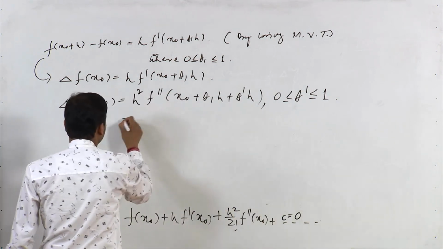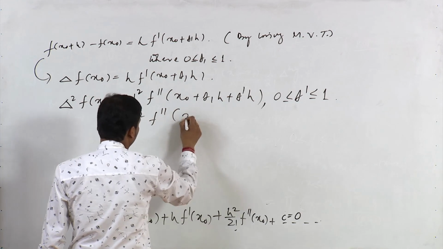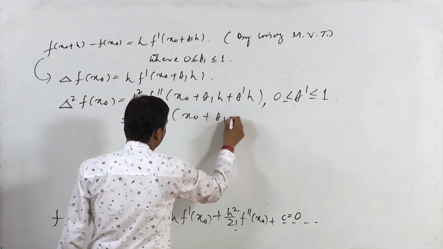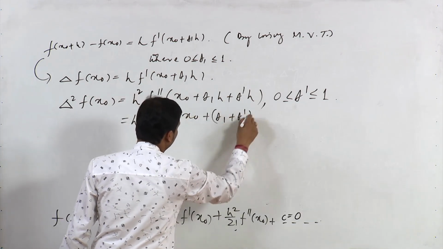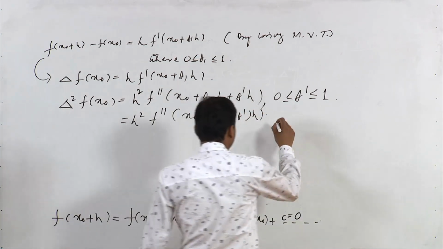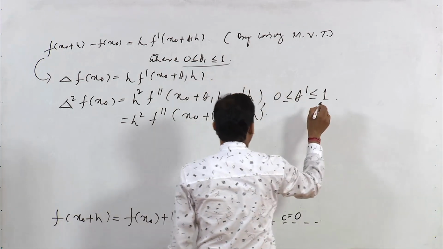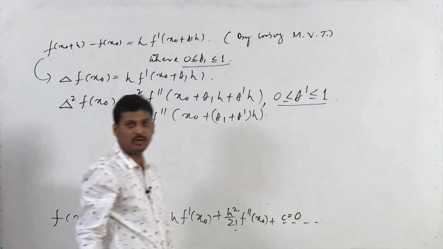We can rewrite this formulation as h square f double dash of x0 plus theta 1 plus theta dash into h, where theta 1 is lying between 0 and 1, and theta dash is lying between 0 and 1 here.